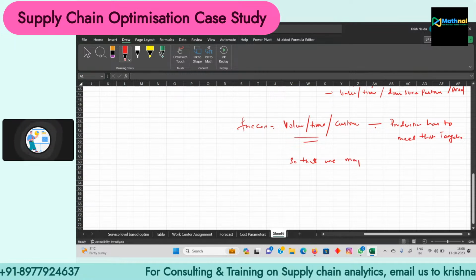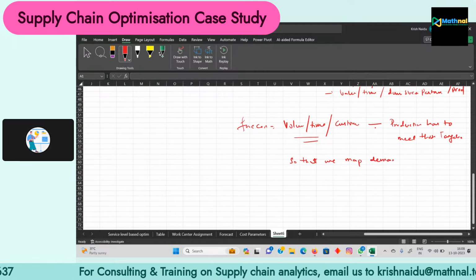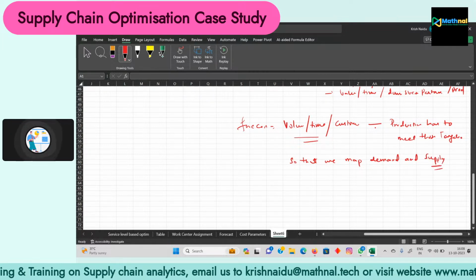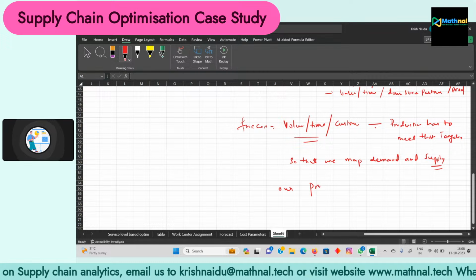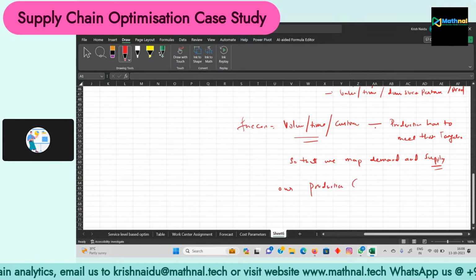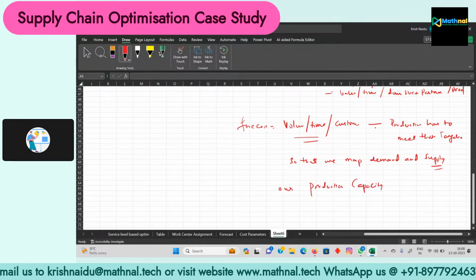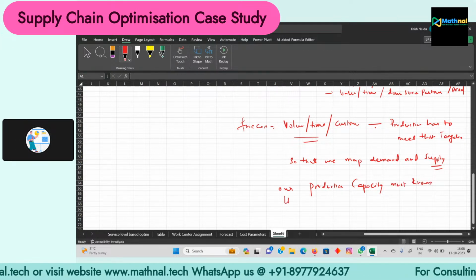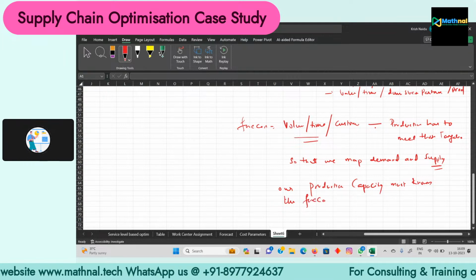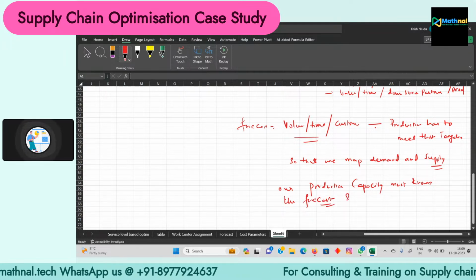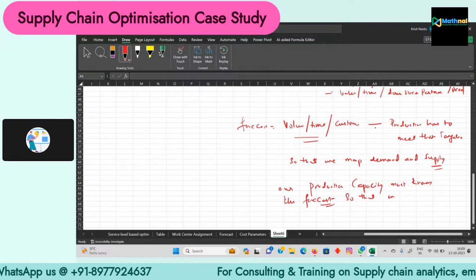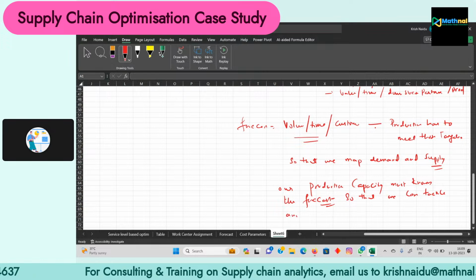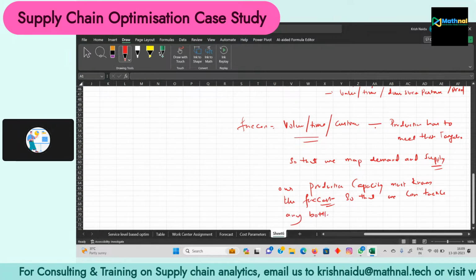Our production capacity must know the forecast so that we can tackle any bottlenecks which will come around.